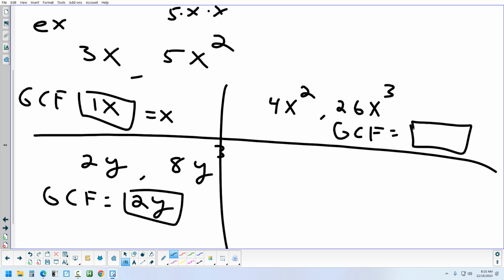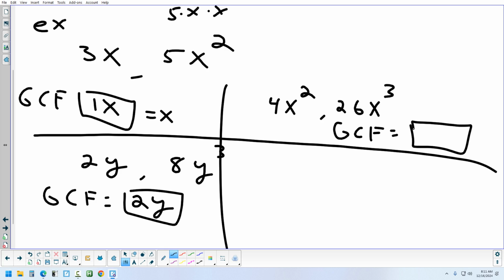What's the biggest number that goes into 4 and 26 without a remainder? How about Ryan? How does 4 go into 26? Doesn't it go into 24? Yeah, 4 goes into 24. 4 does not go into 26. So 6?